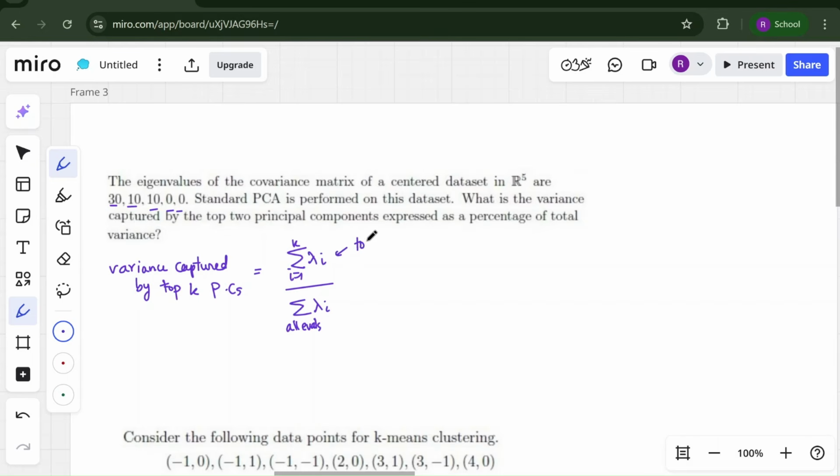Okay, so here, because you want to capture the top two principal components, it will be 30 plus 10 divided by the total, right, 4 by 5, which is 80%. Okay.